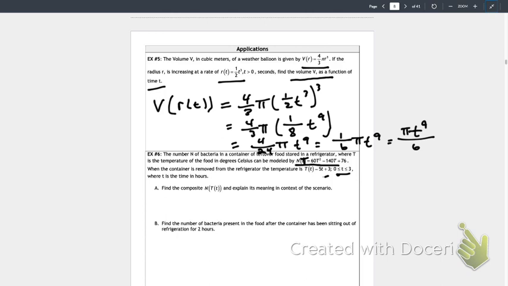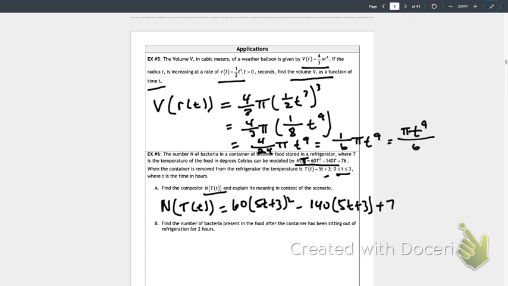So find the composite of this right here. So in this function, we're plugging in this function. So that'll be 60 times 5t plus 3 squared minus 140 times that 5t plus 3 plus 76.